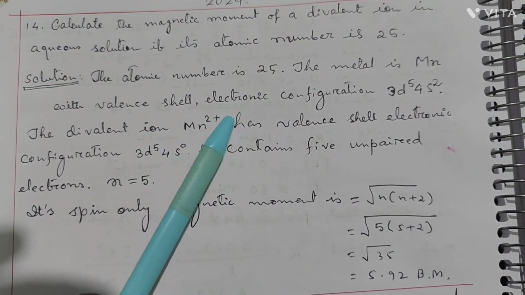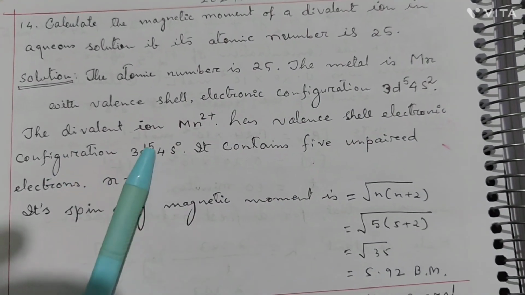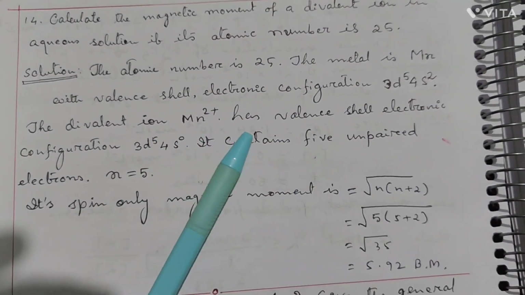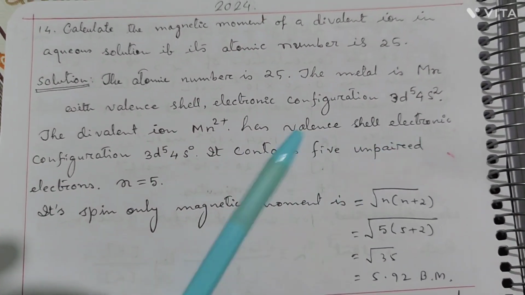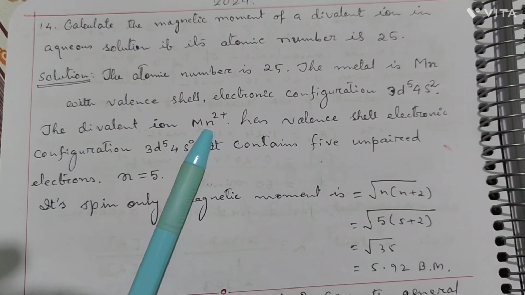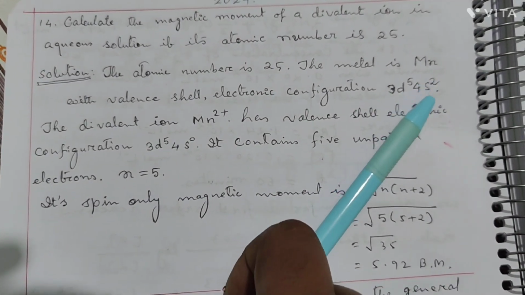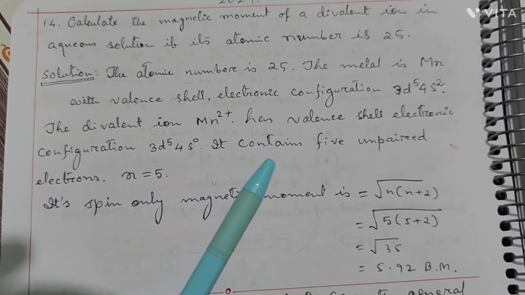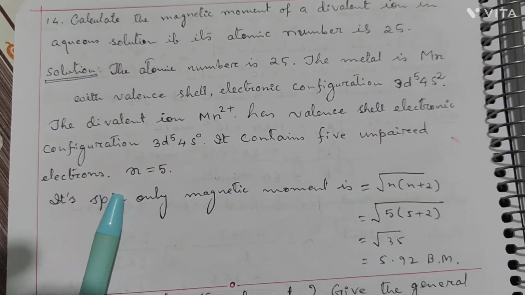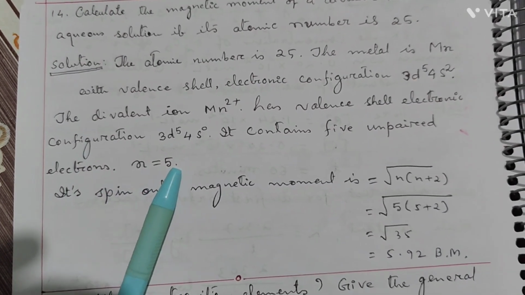The outermost electronic configuration is this, 3d5 4s2. The divalent ion Mn2+ has valence shell electronic configuration 3d5 4s0. In Mn2+, 2 electrons are lost from the 4s orbital. It contains 5 unpaired d electrons. That's why n value becomes 5.